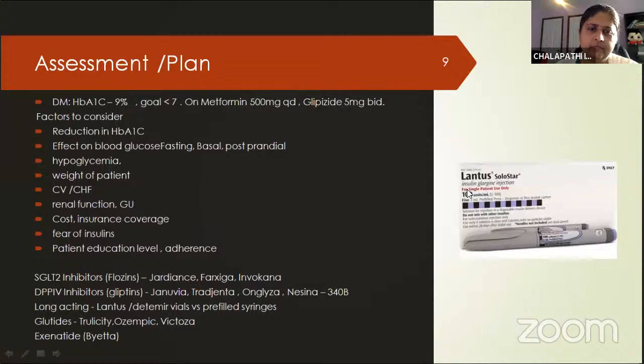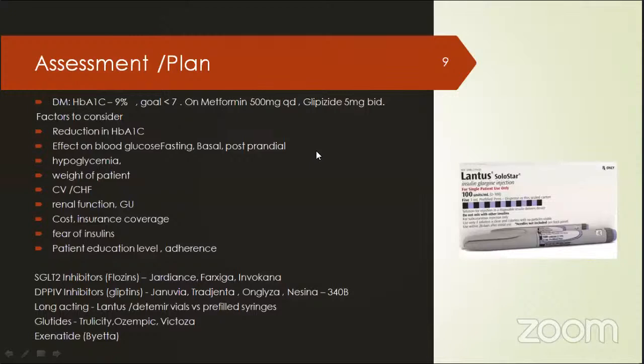But according to the practice, metformin can be given twice daily and glipizide can be changed to once daily. Okay. Anything else? Any other comments? You think that medication is sufficient?